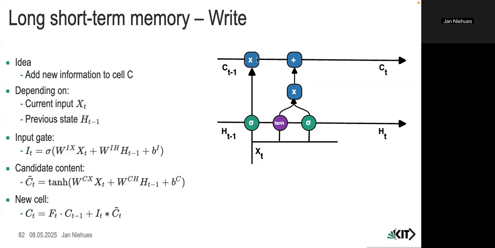And then you're adding up your previous cell state with the new content, and that's then the new cell state CT. So with this, we can now control what we want to store in our cell state. It's context dependent based on your previous hidden state, and it's based on the input. These are both influencing whether we decide what to keep and what we decide to write in there.